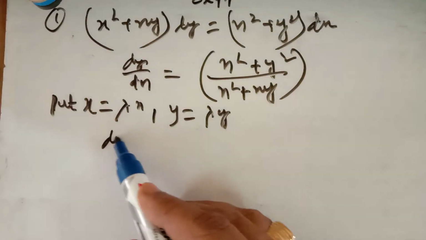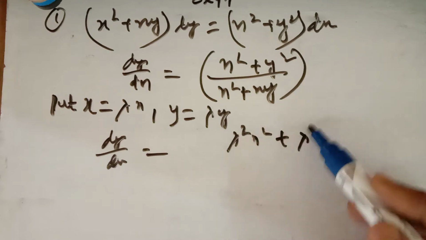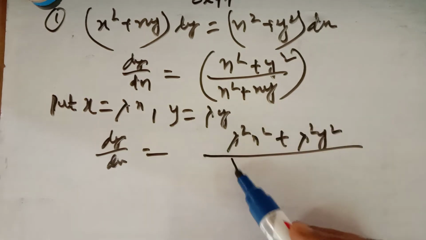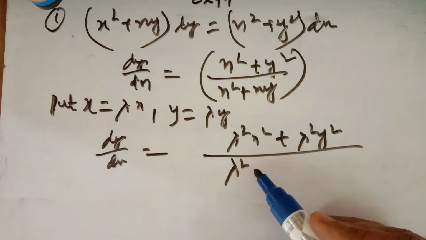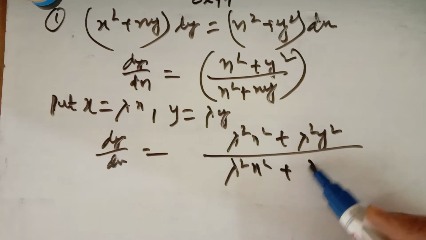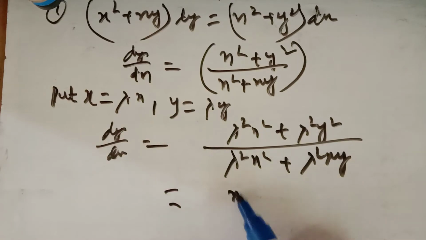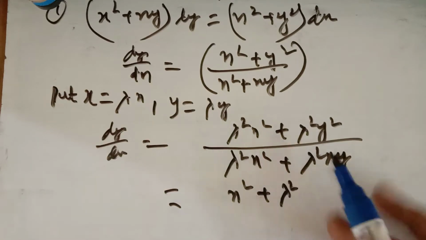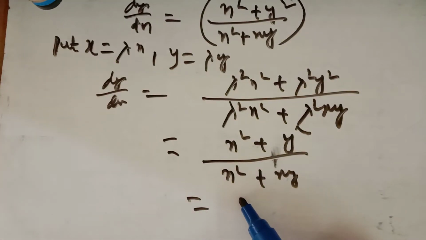So you put it in the right hand side, you get λ square x square plus λ square y square upon λ square x square plus λ square xy. Now λ square will be cancelled out and you get the same differential equation as above. It is equal to f(x,y).